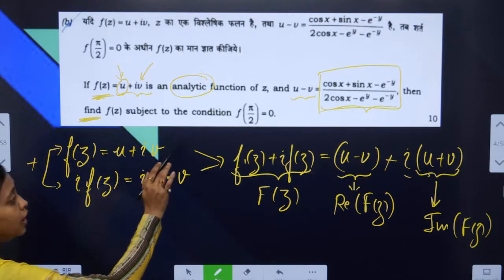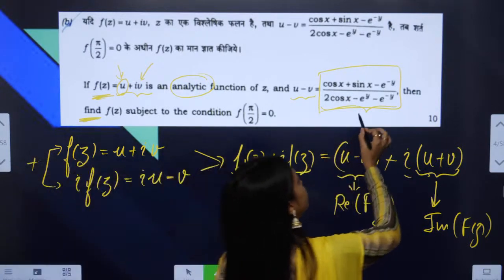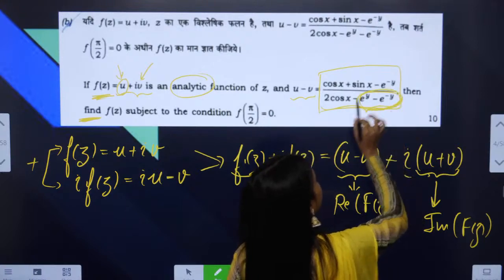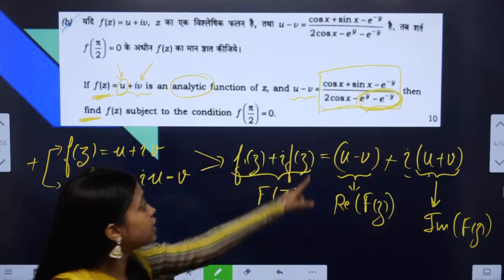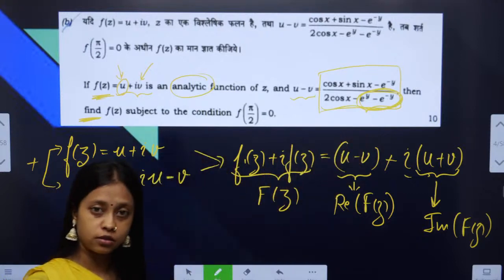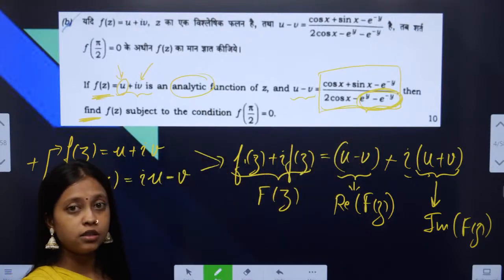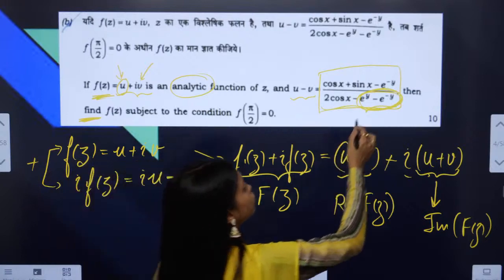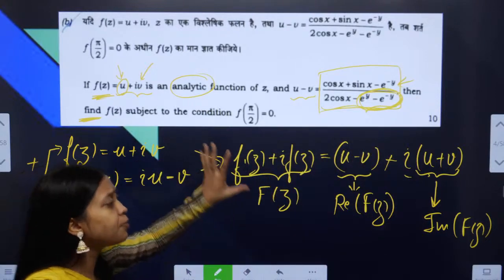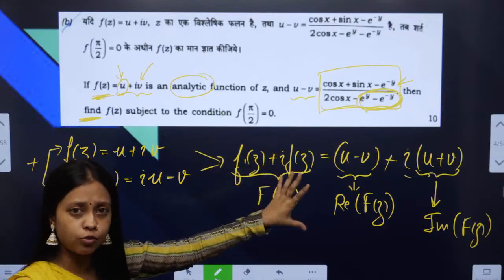So instead, you can actually reduce this. See, what is this? If you take this minus common out, this is nothing but cos hyperbolic. Make the same kind of observations in the numerator also, just to reduce the expression of the given u minus v.